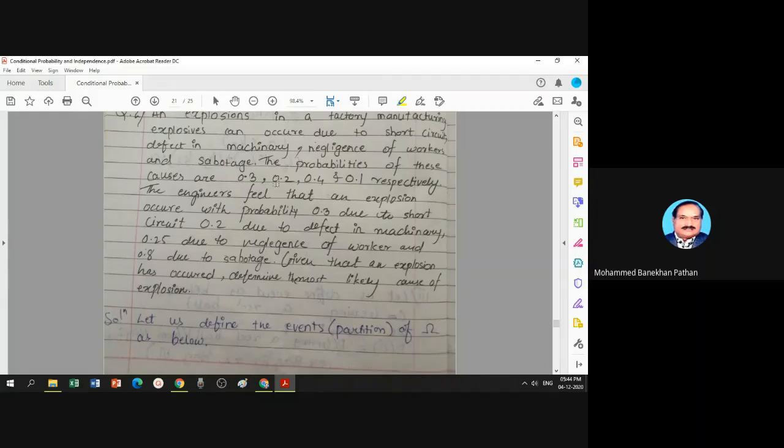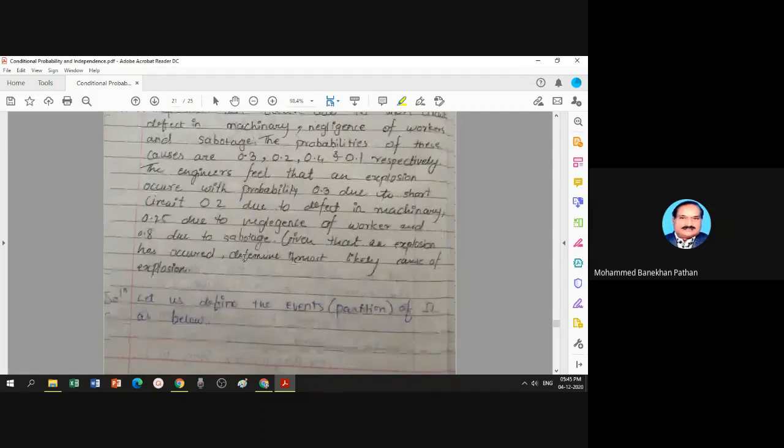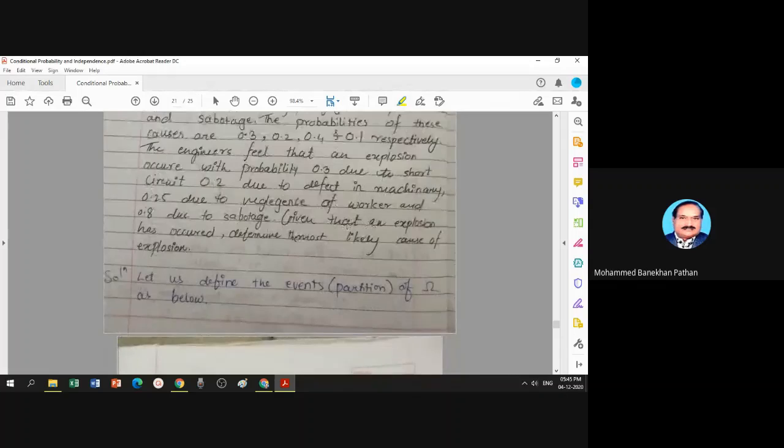Now this is the entire information. What does the question ask? Given that an explosion has occurred, suppose unfortunately on a certain day an explosion took place, determine the most likely cause of the explosion.